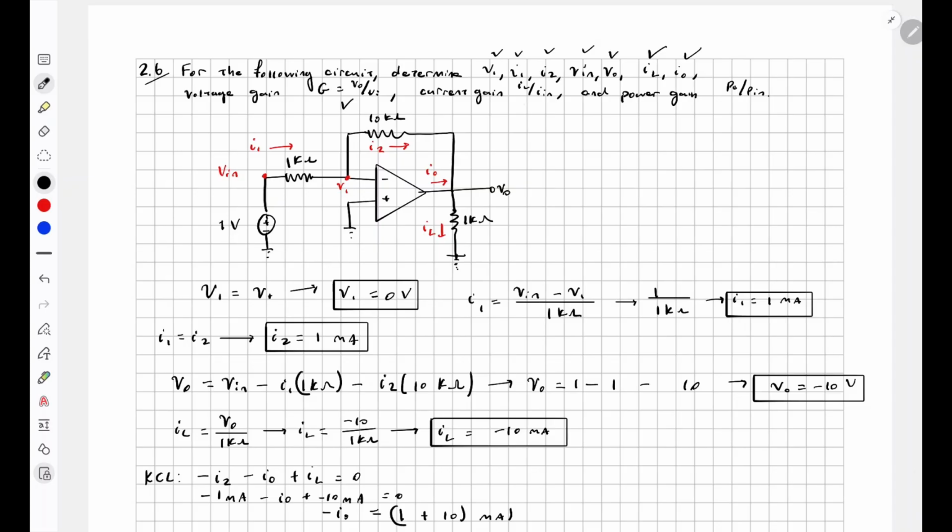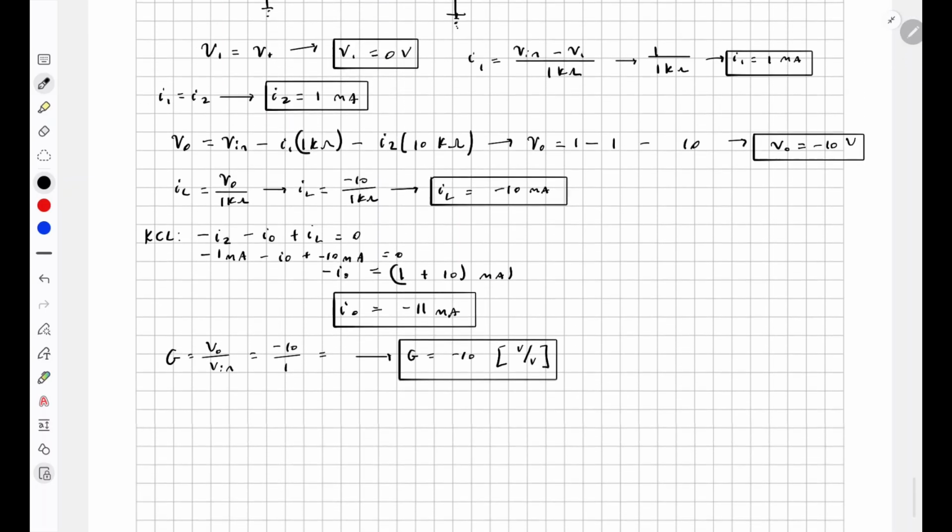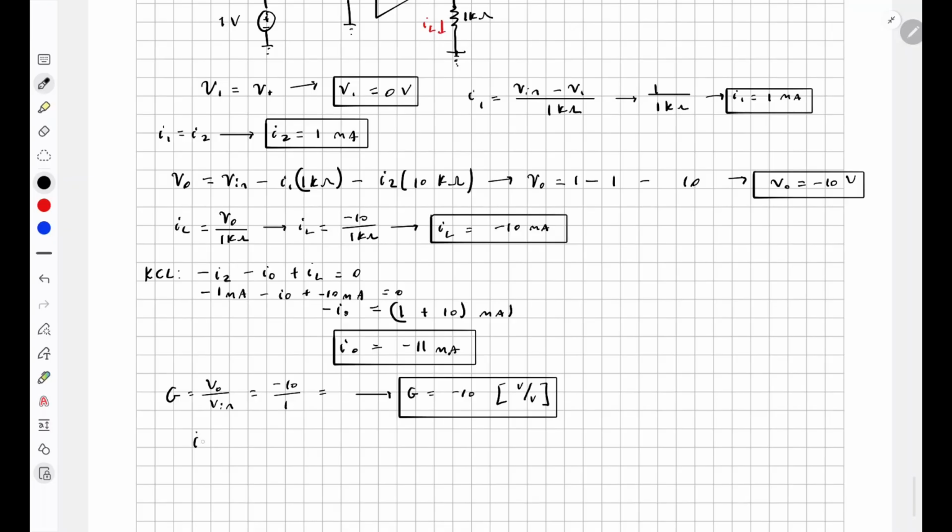To solve for current gain, IL divided by I in, plug in IL is negative 10 milliamps.